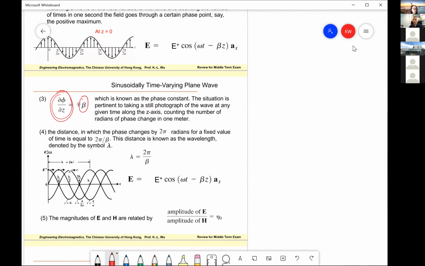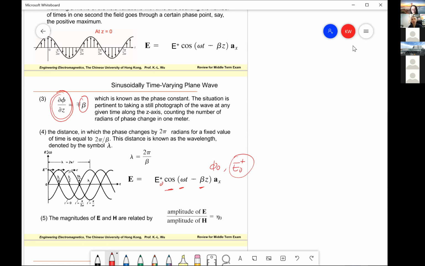Having discussed this, it means that if we know beta and omega, we can write down the solution, except that we don't know the initial phase, and also the magnitude. However, the magnitude can be determined by the boundary condition.